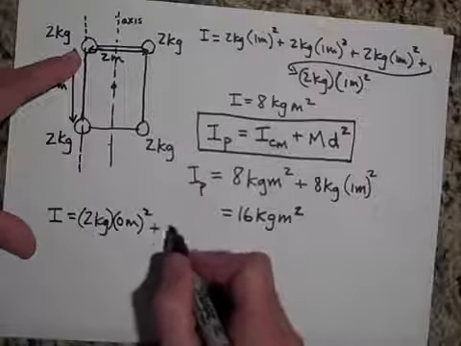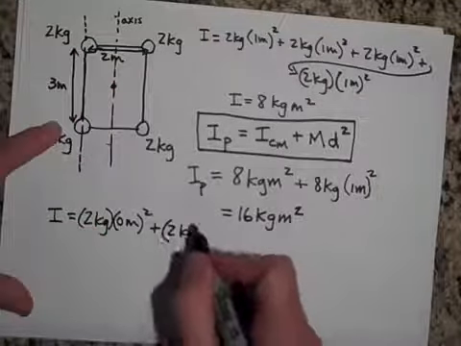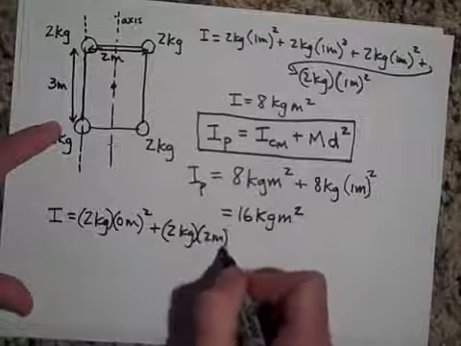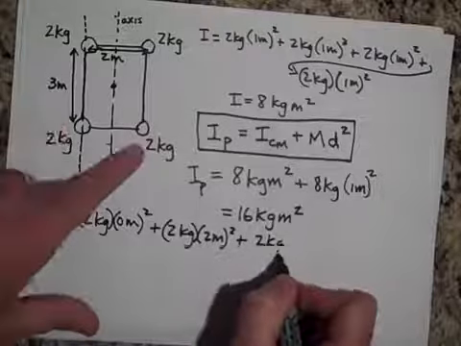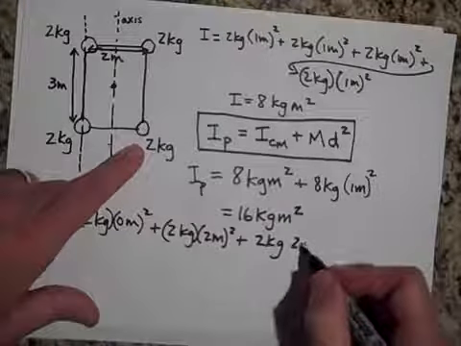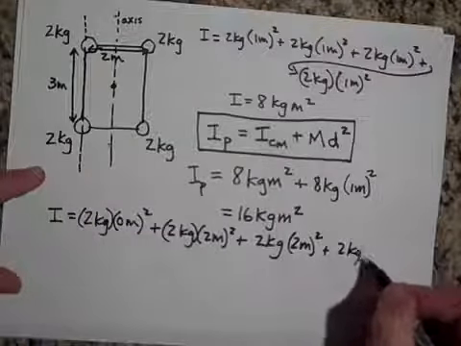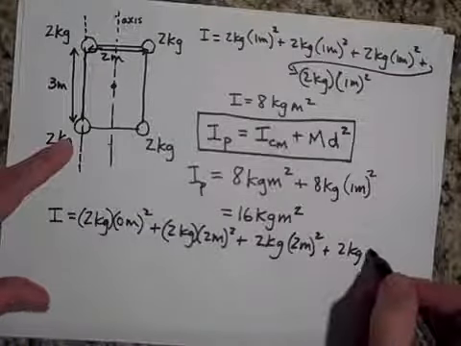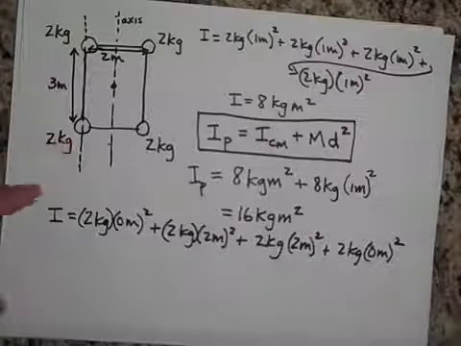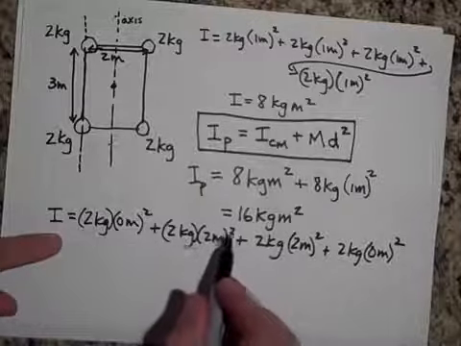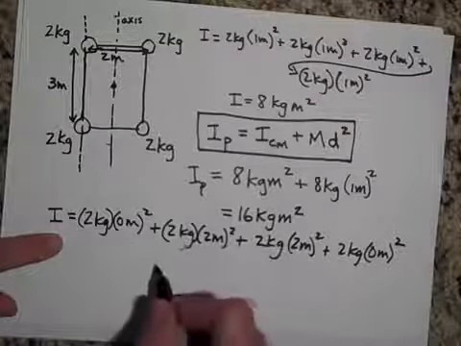Plus 2 kilograms times 2 meters squared, plus 2 kilograms times 2 meters squared, plus 2 kilograms times, again, we're back on the axis with this one, so 0 meters squared. So add them up, 0 plus 8 and 8, so that's 16.